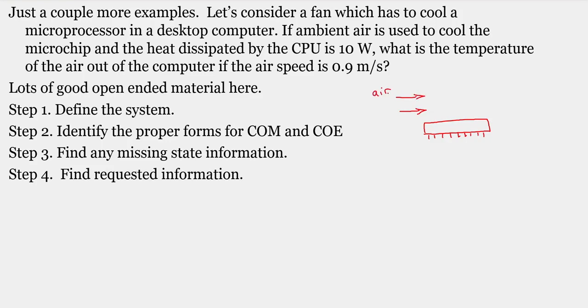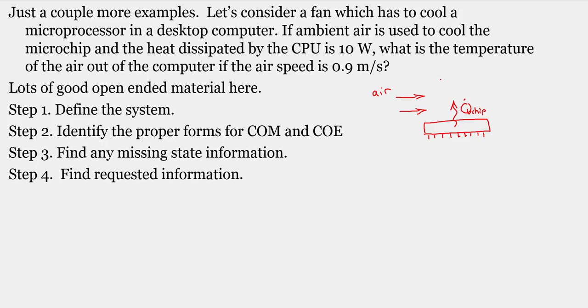Okay, so this is a generic system. We're asked what the temperature is out of this heat exchanger type system. So in this case, my heat exchanger is the heat that's being dissipated from the microchip. So this is heat out of the chip and into the air. Those are the 2 systems I have that I could consider.